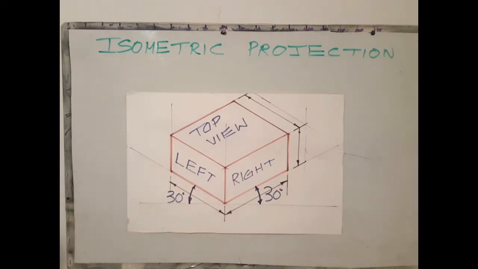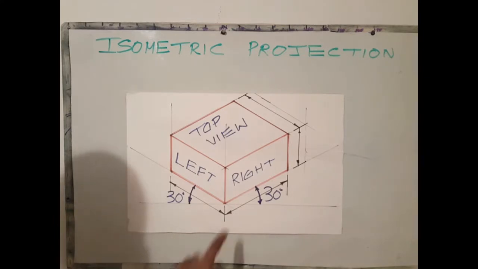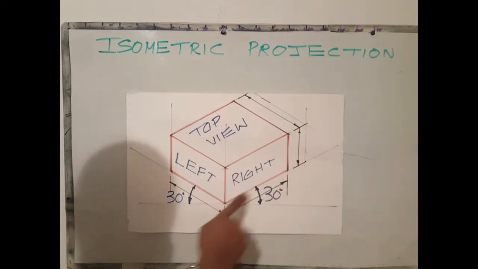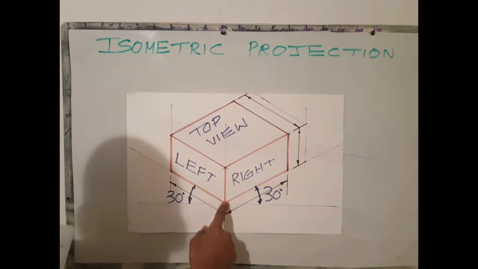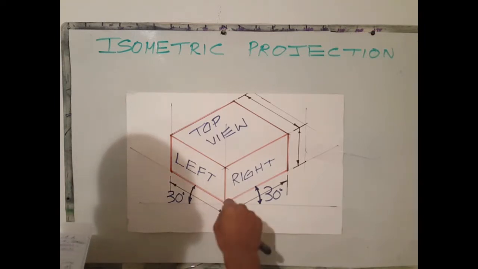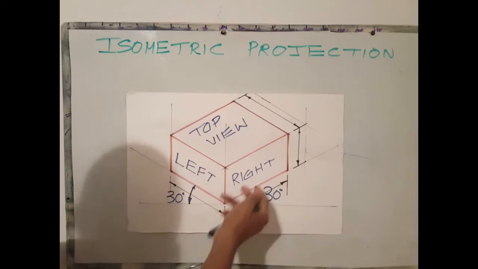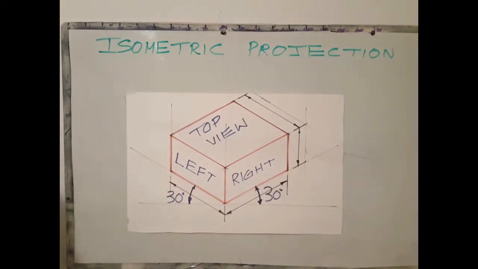Isometric planes are radiating lines that are drawn at 30 degrees to the horizontal line. What are radiating lines? Radiating lines are lines that originate from a point and progress outward, in most cases at an angle.